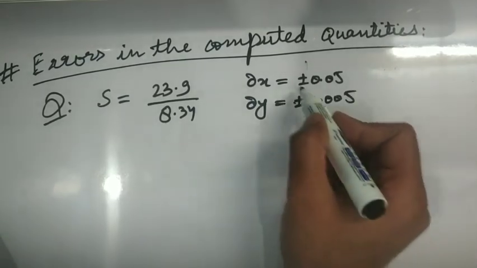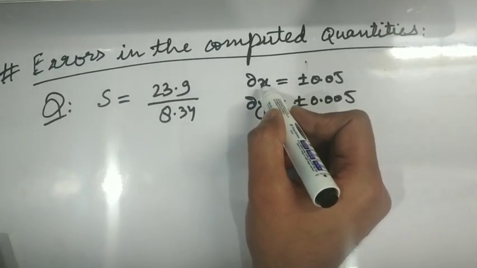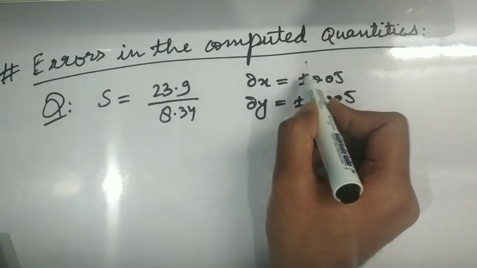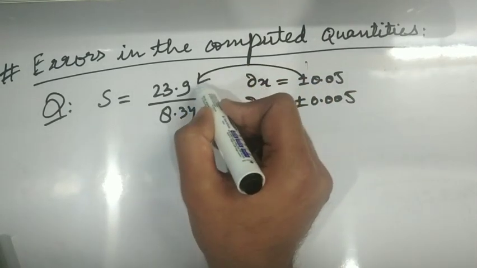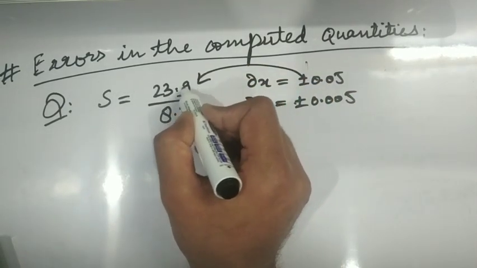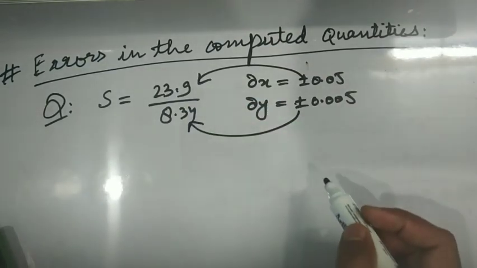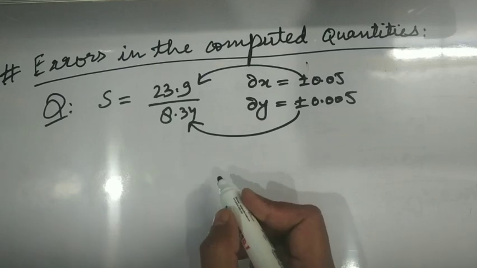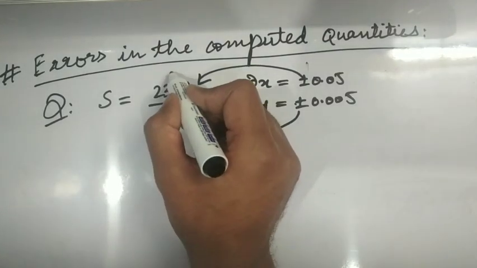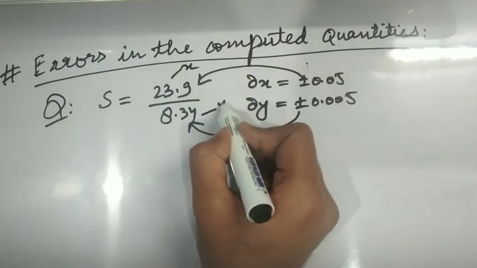See, these are maximum errors. We can easily calculate these errors by using the digits after decimal places, as I explained to you in the previous lecture. So here we can see this is x and this is y.